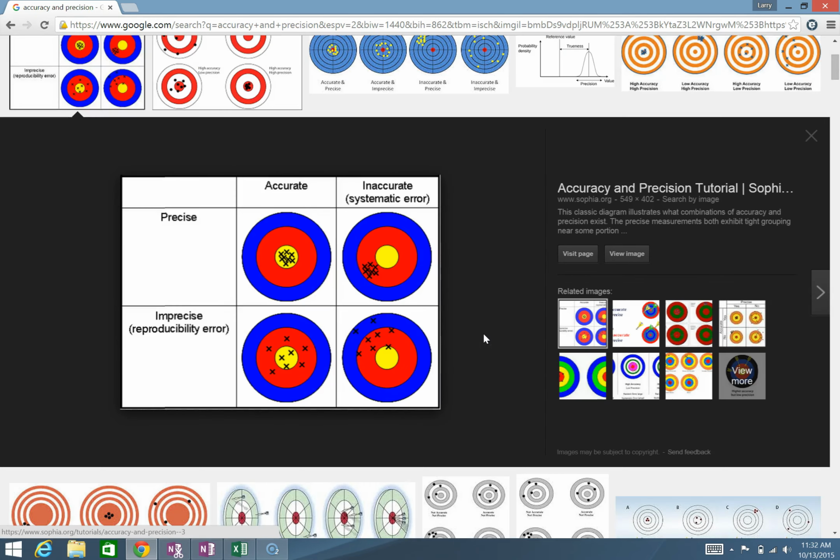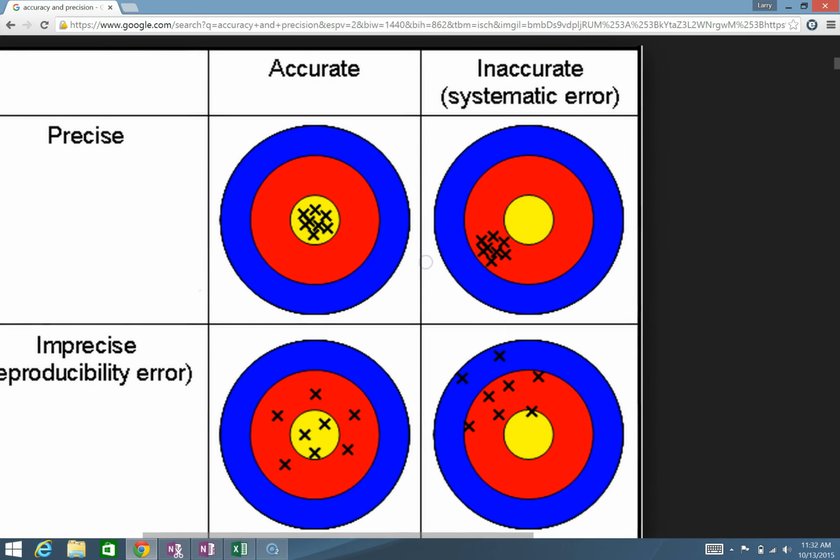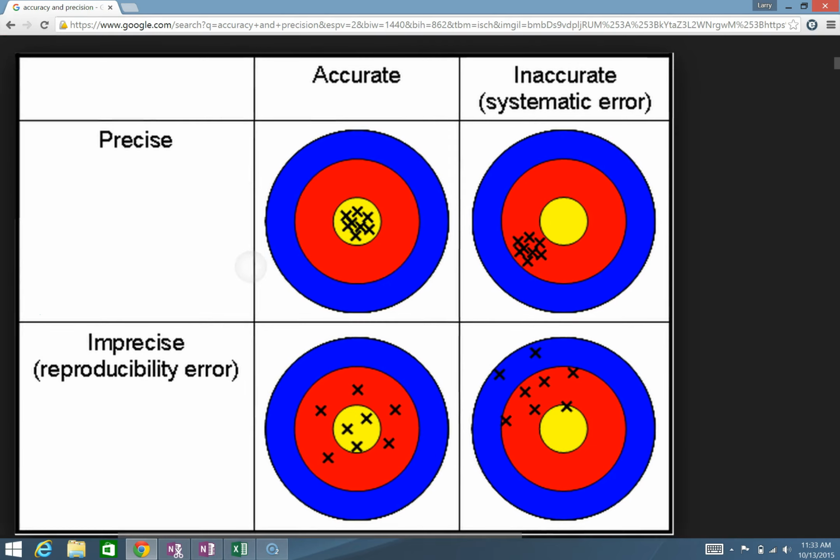And this is probably a diagram that you've seen previously in science. If we were conducting an experiment or we were doing some measuring, we hope to have a situation like this where we're hitting the bullseye regularly. It's accurate, that is, we are centered well, and it's precise. All the shots are close to each other.